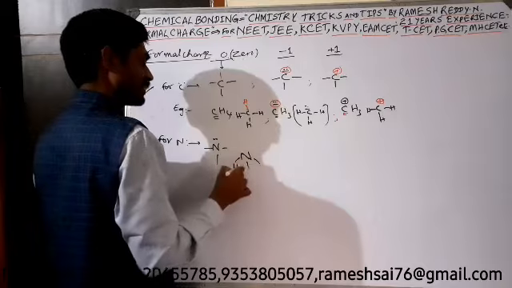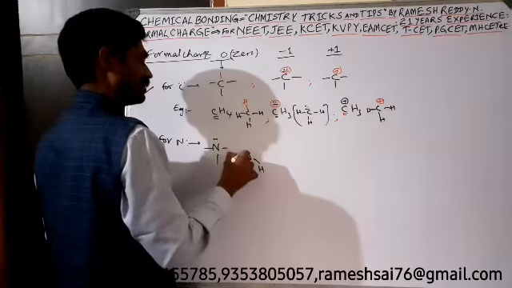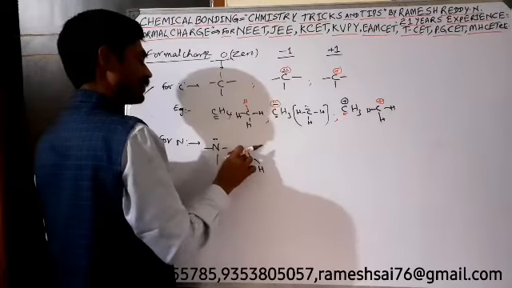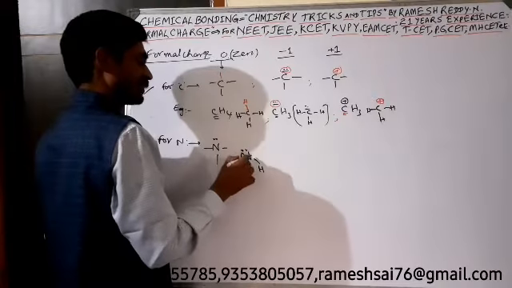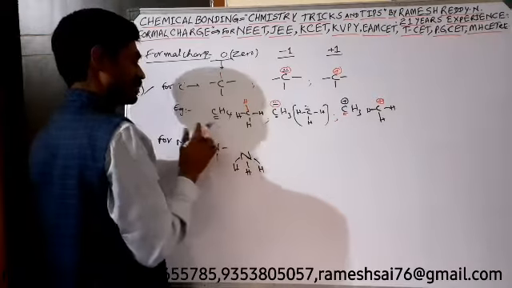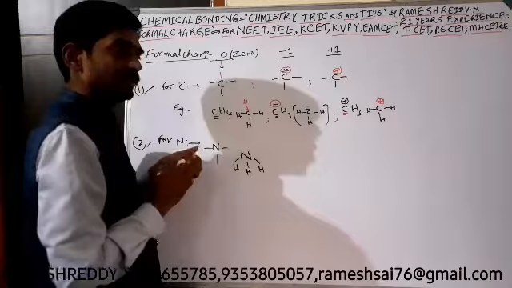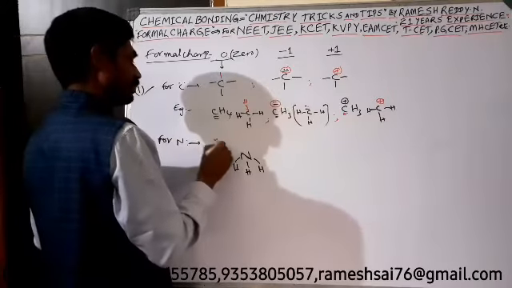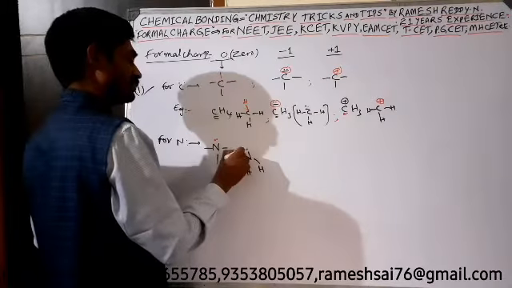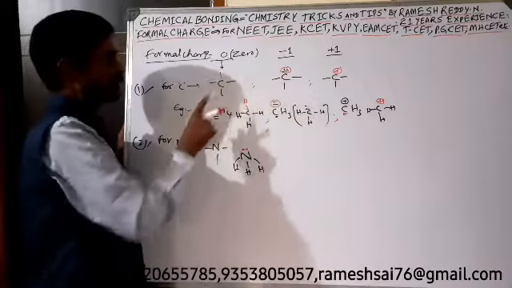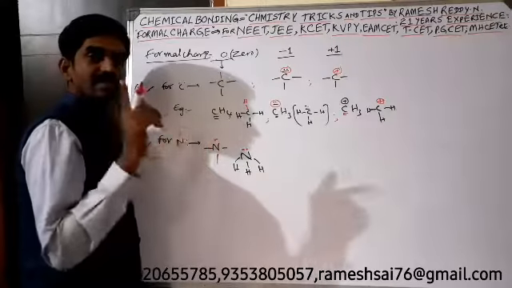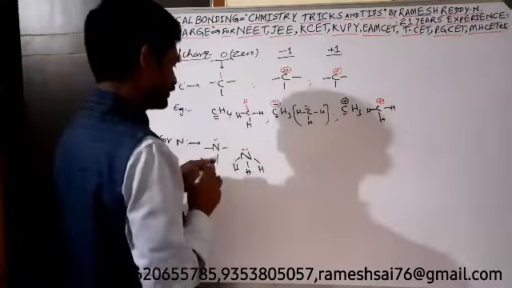Then nitrogen is bonded with 3 hydrogen atoms and it has 1 lone pair of electrons over the nitrogen. So this is the lone pair of electrons. If nitrogen has 1 lone pair of electrons, then the formal charge of nitrogen is 0, right?